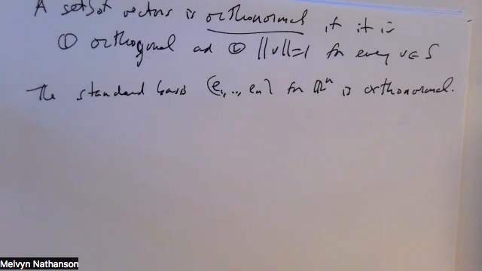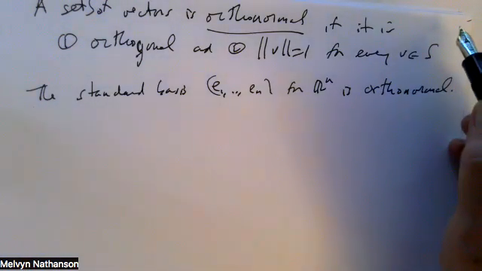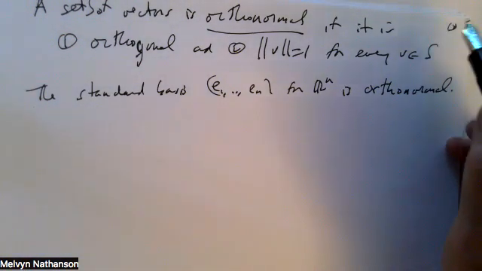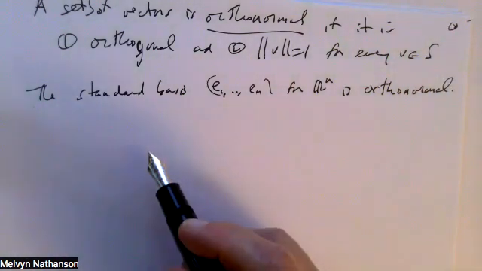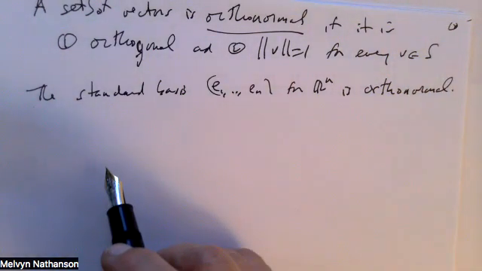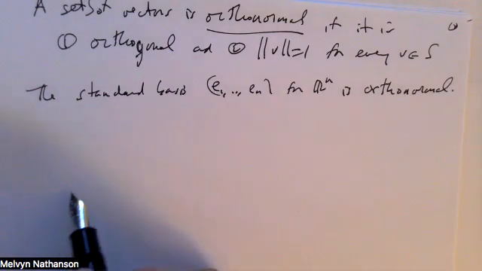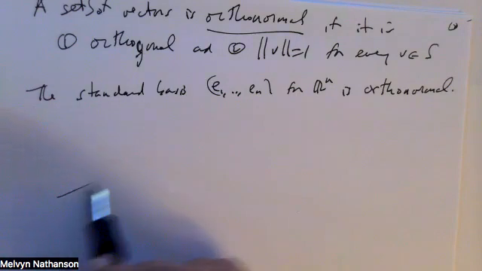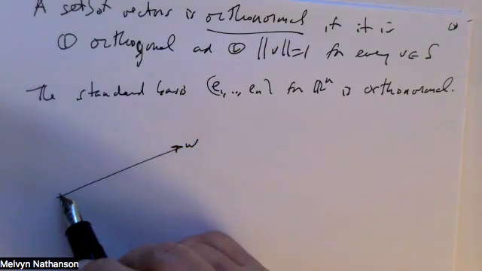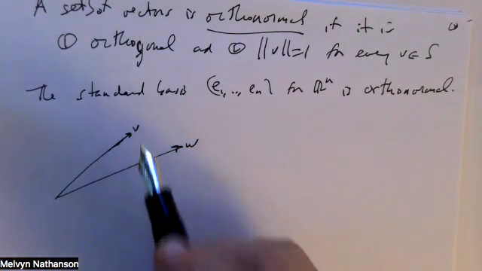We'd like to find one. So we use the following very simple fact, which is geometrically very important. Suppose I have a vector w and a vector v.